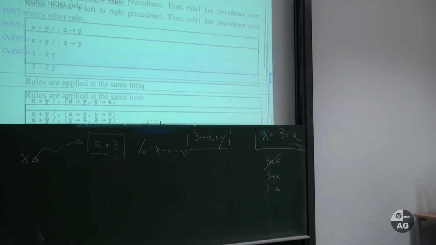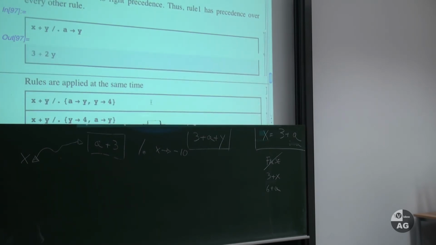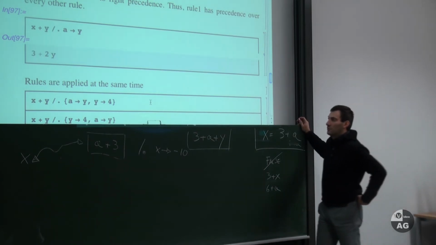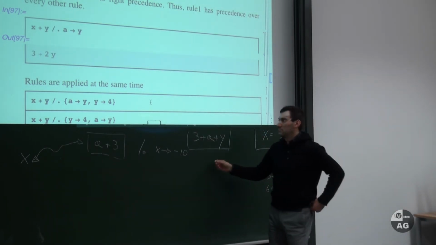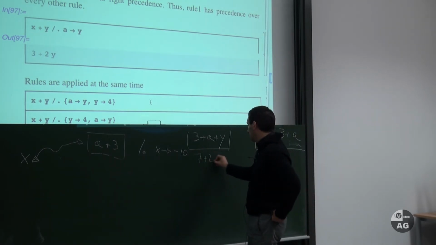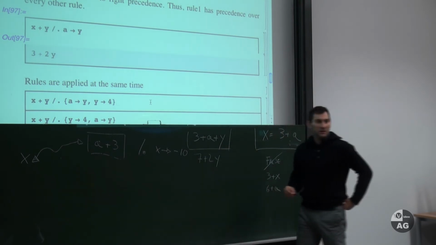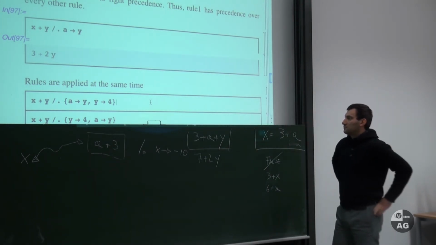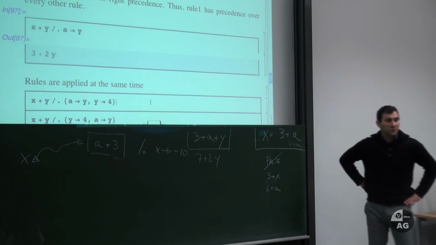Okay. But now I ask, a goes into y and y goes into 4. 7 plus 2y. Any other take? Everybody agrees with that?